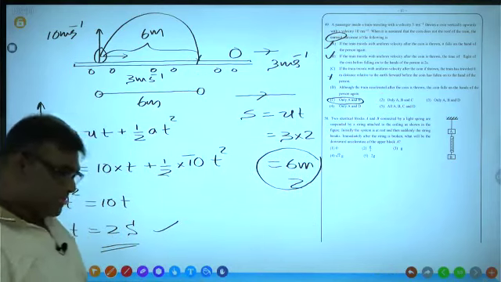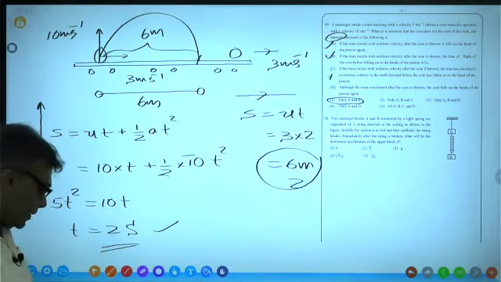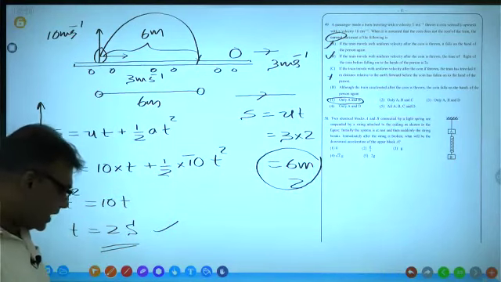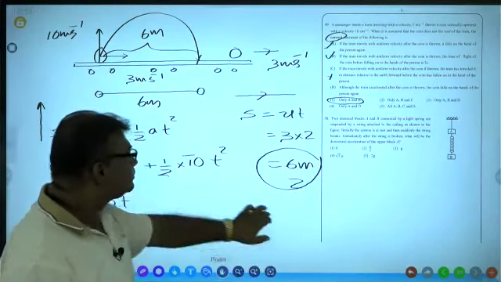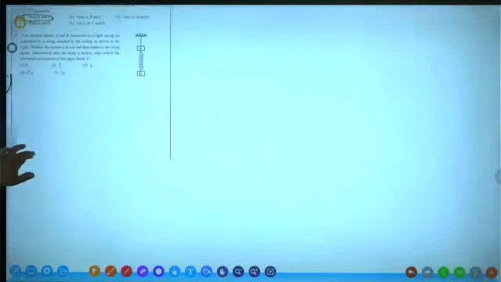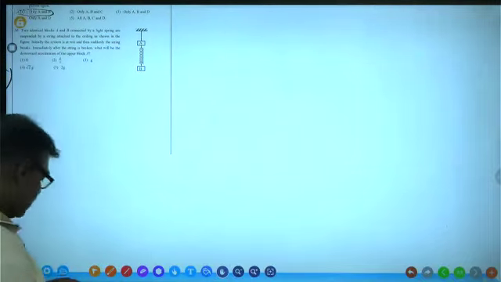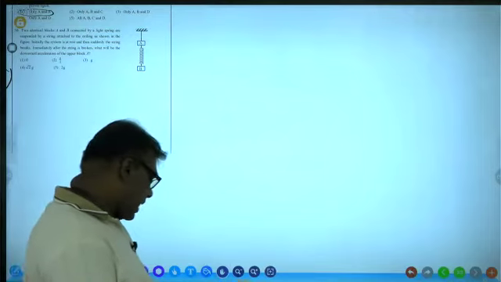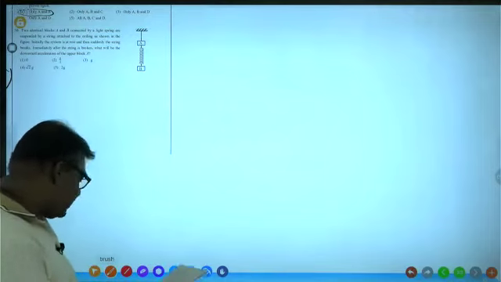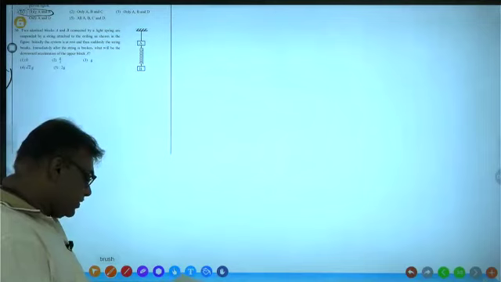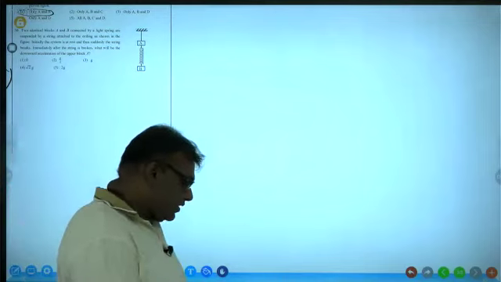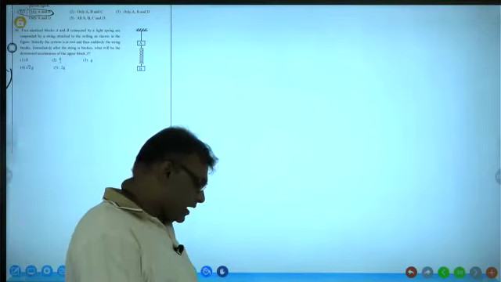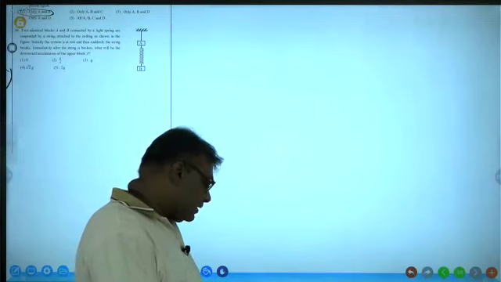Okay, right. Question number 50. Two identical blocks A and B connected by a light spring, like this, are suspended by the string attached to the ceiling as shown in the figure. Initially, the system is at rest and suddenly the string breaks.